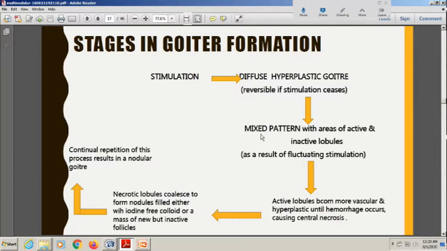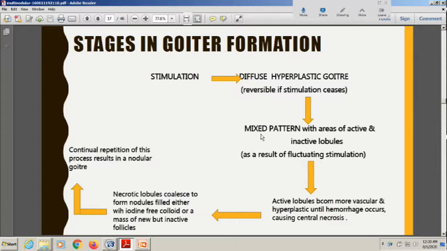Active cells are very sensitive to TSH. That means the whole thyroid gland is not active at a time. Some are trying to make more T3 T4, they are active, and some are less sensitive, which are inactive lobules. Because of the continuous T3 T4 reduction and continuous TSH stimulation, active lobules become more vascular and more hyperplastic.